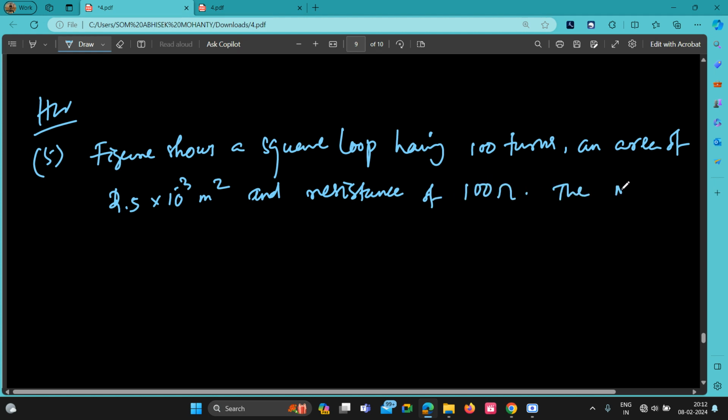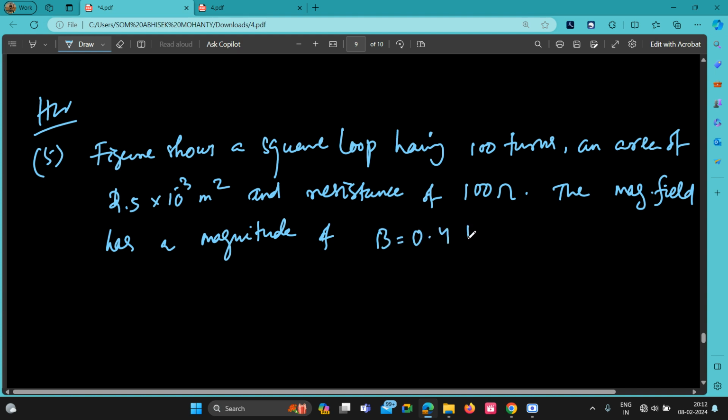The magnetic field has a magnitude of B equal to 0.4 Tesla.